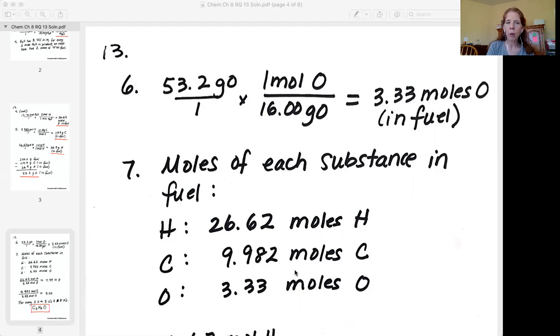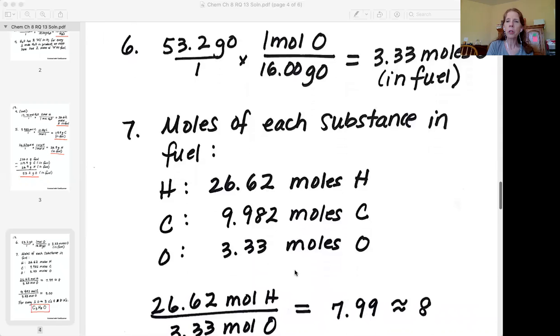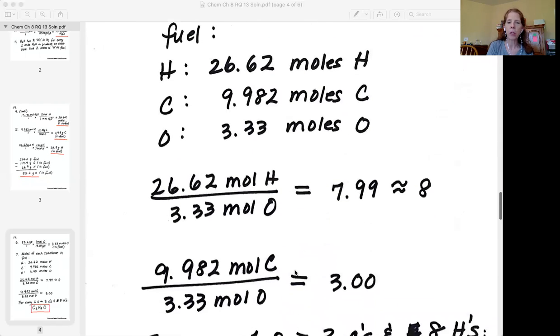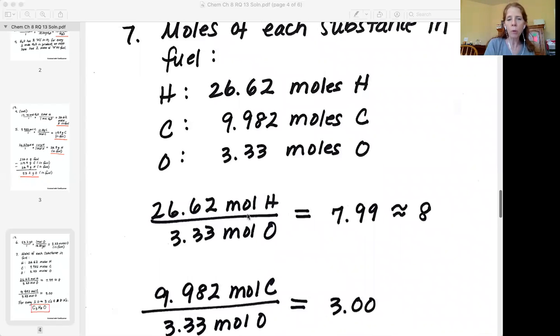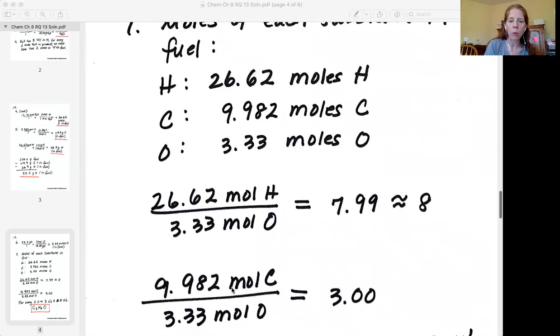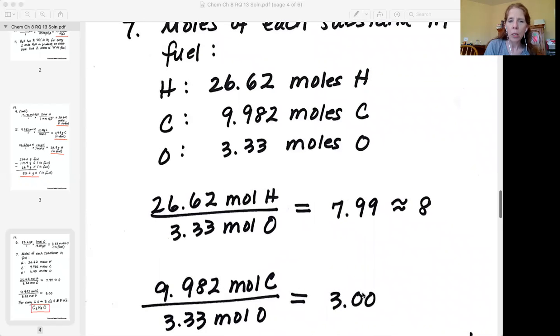To figure out my empirical formula, I'm just going to check the ratios of those. I'm always going to divide by my smallest number, which is the oxygen, 3.33 moles. So I take my 26.62 moles of hydrogen divided by 3.33. I get 7.99, which rounds to 8. And I have 9.982 moles of carbon divided by 3.33 moles of oxygen, which is 3.00.